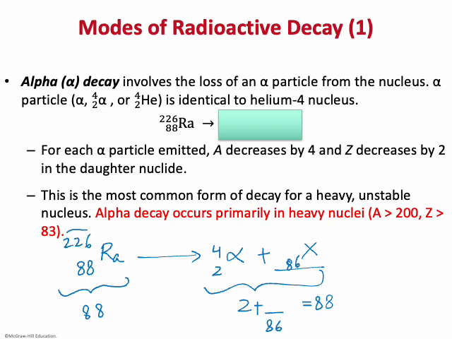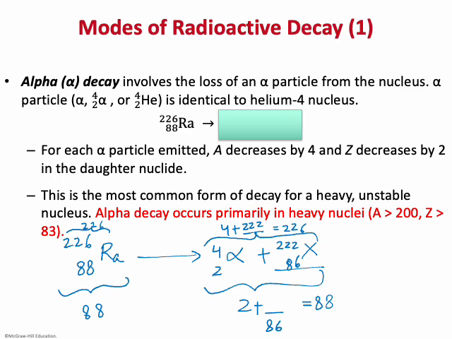Similarly, what's the top? 226. 4 plus something should give me 226, which means what should be added here? 222, so this number is 222. So I've figured out my superscripts and subscripts. Now the question is, what is X?